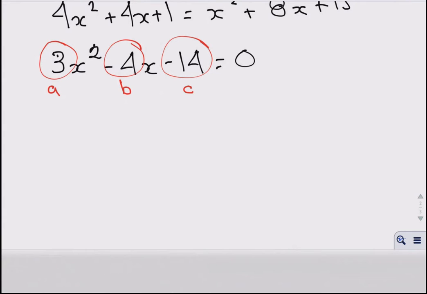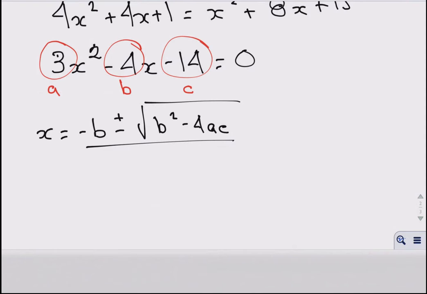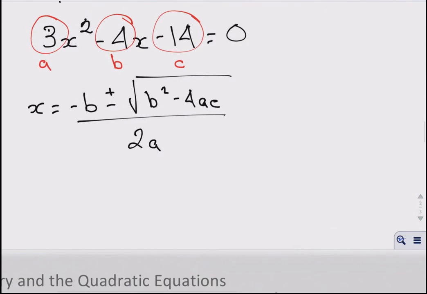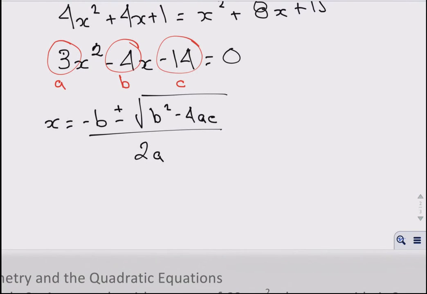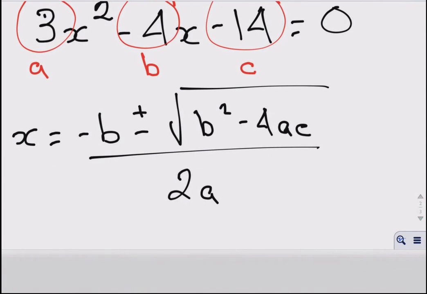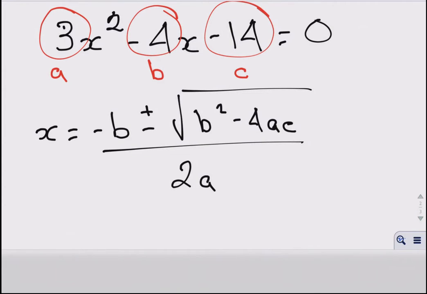So let's look at it. x equals negative b plus or minus the square root of b squared minus 4ac, over 2 times a. And let's start doing the replacements here. B gets replaced with negative 4.